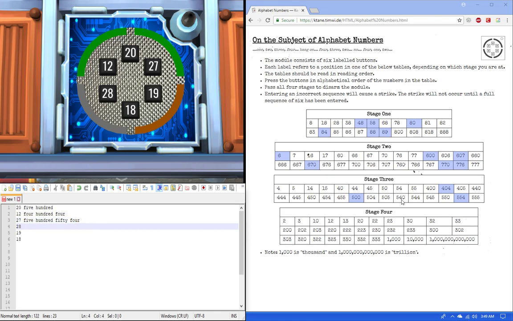This is 28, which is going to be just this again, except we'll place the 4 with a 5. Next is 19, so this is 14, 15, 16, 17, 18, 19. That's 455. Then finally 18, which is one below that, is 454.